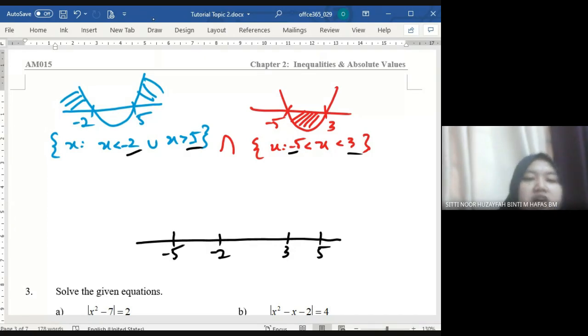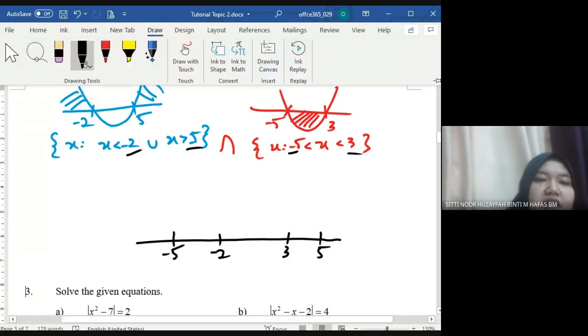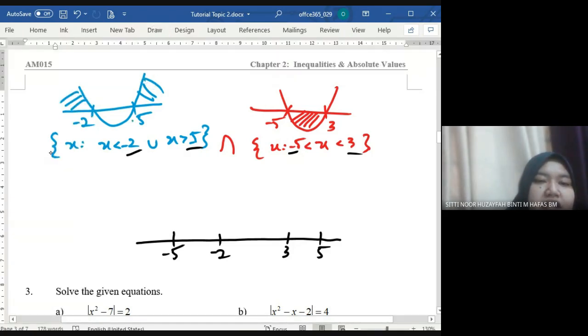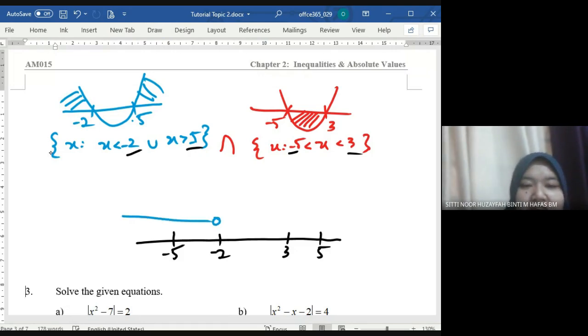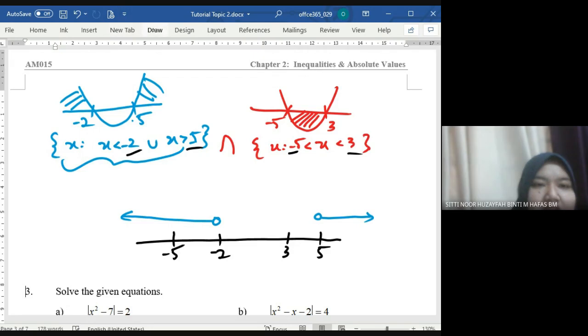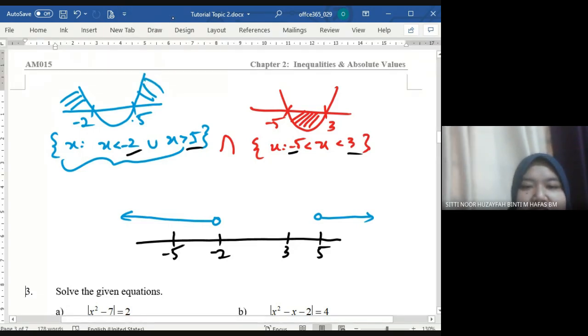Okay, so now lukiskan bahagian yang kiri dulu. Set yang belah kiri adalah X less than -2 and more than 5. Selari ya. Dia satu baris je. Ini set yang pertama dari belah kiri. Lepas tu set yang belah kanan. Belah kanan X dia berada di antara -5 sampai 3.